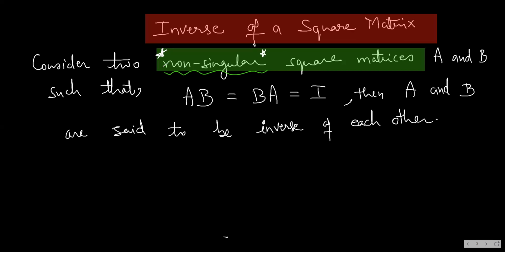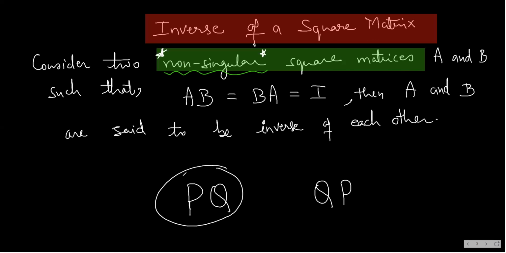What does it say? It says consider two non-singular square matrices A and B such that A into B equal to B into A. Now this is important. Students, if you remember in the multiplication of matrices, when I taught you, I said that when you multiply two matrices, suppose you have two matrices P and Q and you multiply them, this one you call PQ, where P is the prefactor and Q is postfactor.